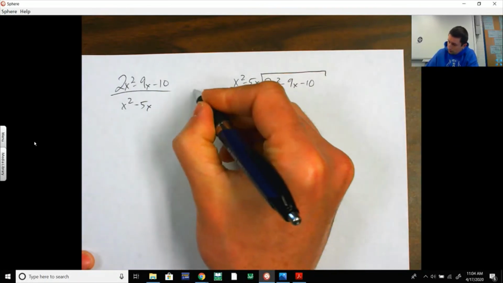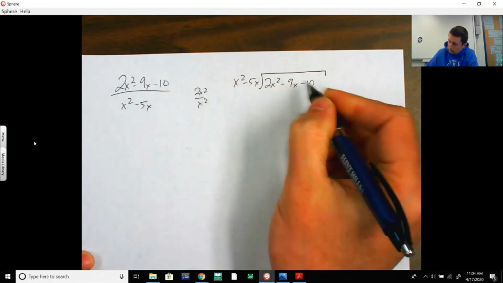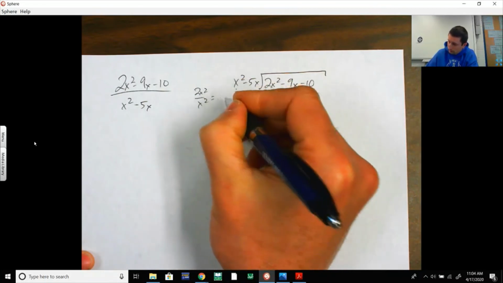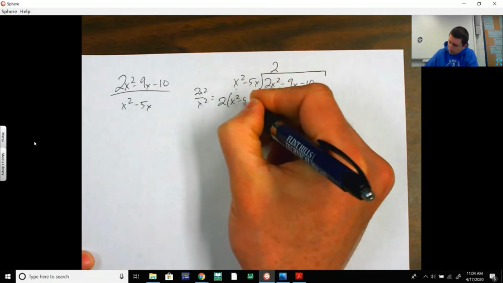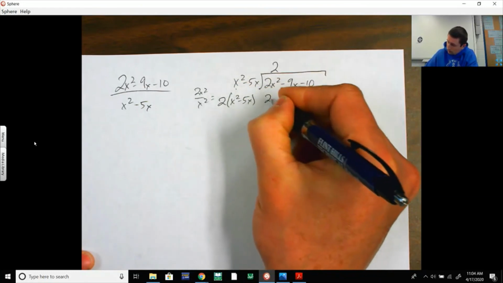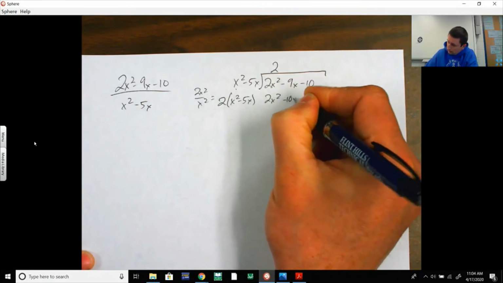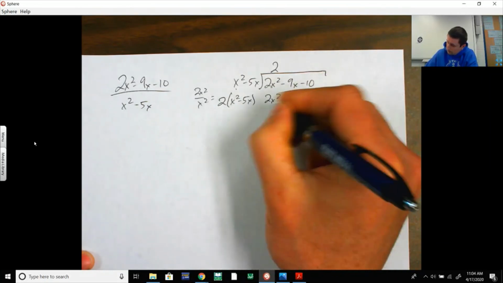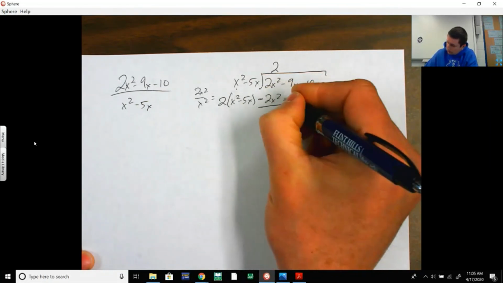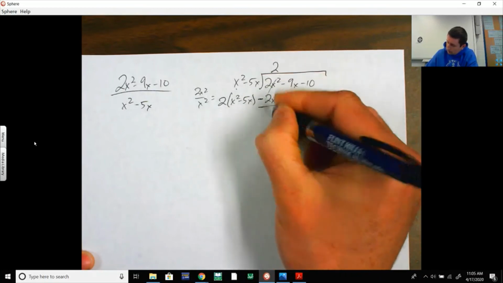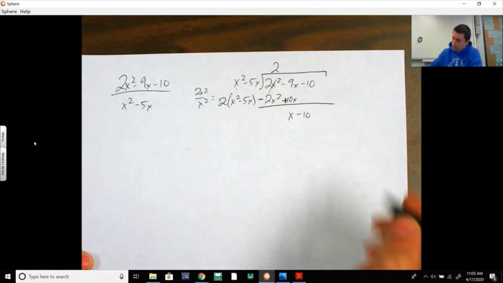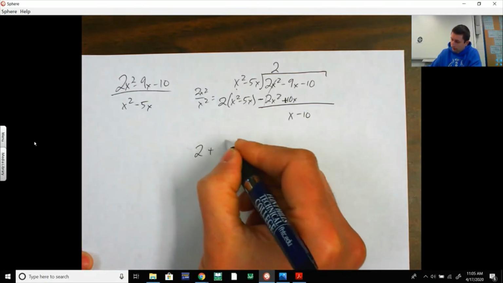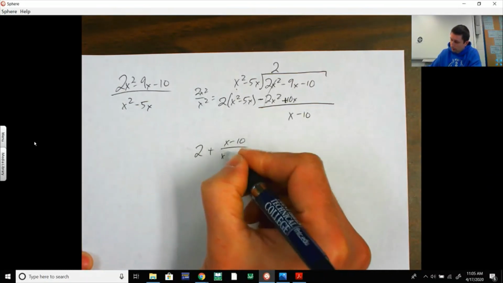So I take 2x squared over x squared, that gives me a 2 again, so that goes up there. Take that times x squared minus 5x, so I get 2x squared minus 10x. Change your signs, because we're subtracting, those cancel. We get x minus 10.